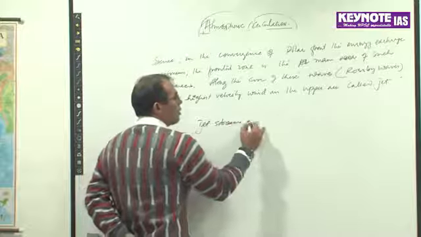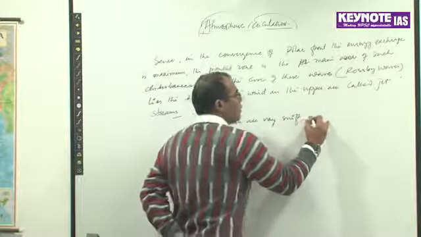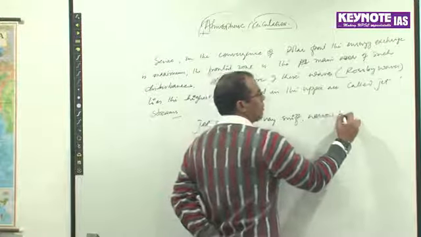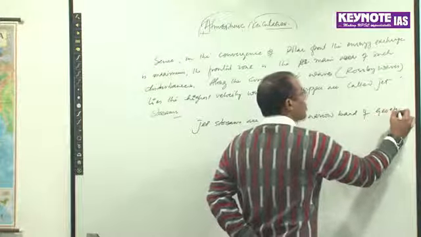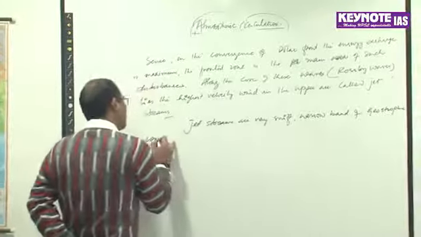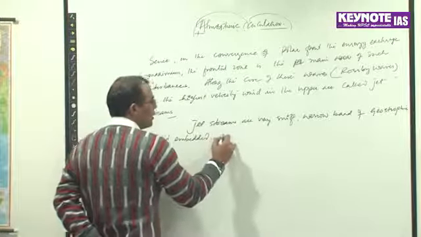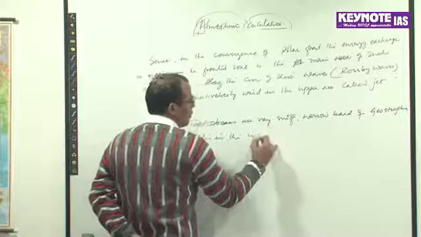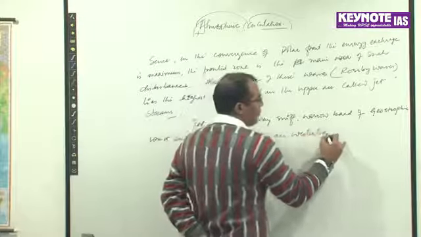These streams are very swift, narrow bands of geostrophic wind embedded in the upper air westerlies.